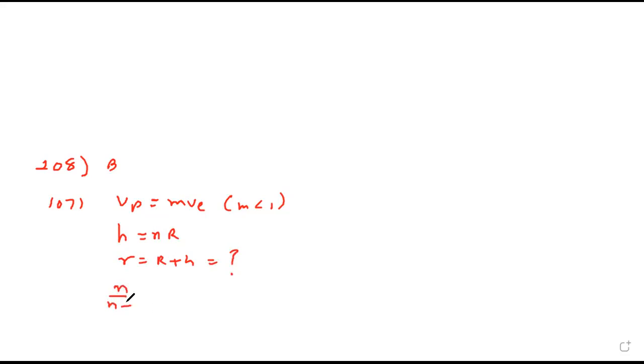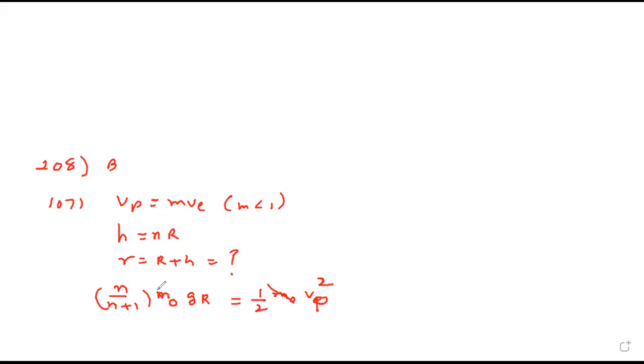Now n upon n plus 1. Mass is m. I am writing m naught to avoid confusion. Is half into mass m naught into escape velocity projection squared.